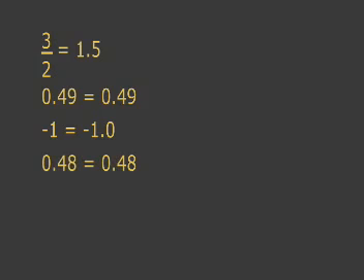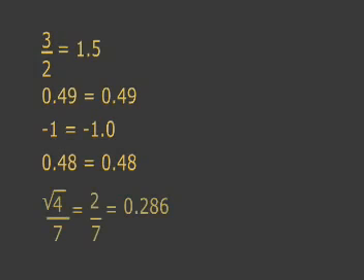0.48 is also in decimal form. The square root of 4 over 7 is the same as 2 over 7, which in decimal form is about 0.286.